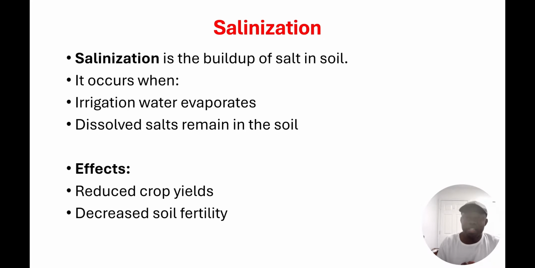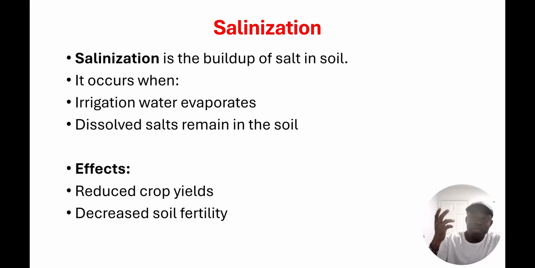It occurs when there is irrigation. Irrigation water evaporates, and dissolved salt remains in the soil. So when there is massive irrigation, and too much evaporation takes place, the water vapor is gone.